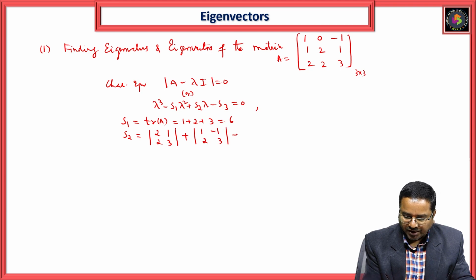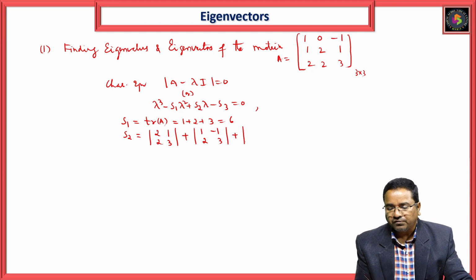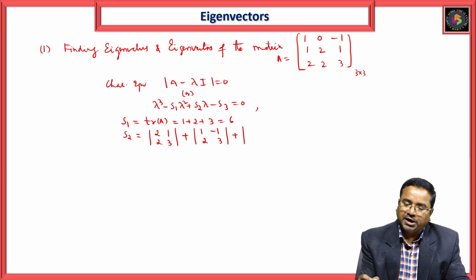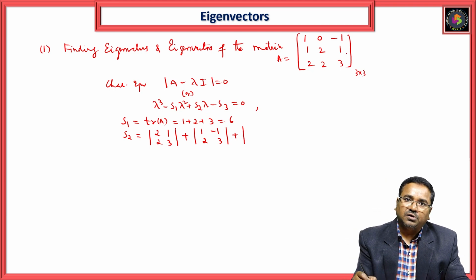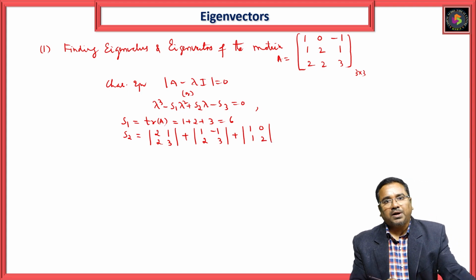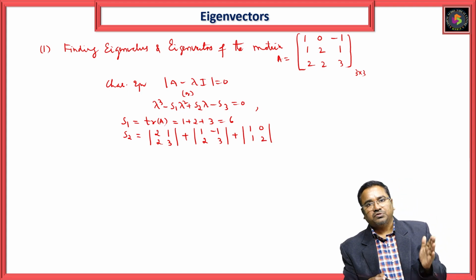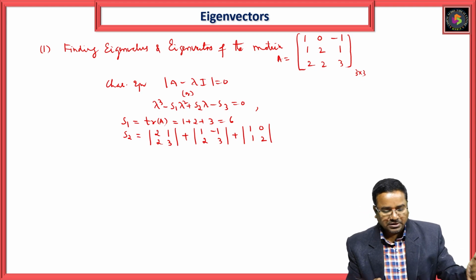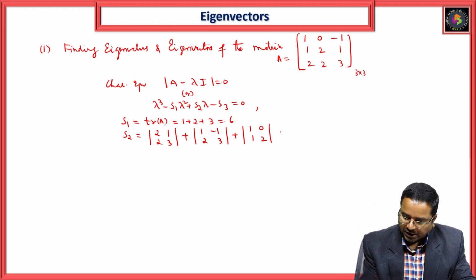Similarly, the minor of A33 by deleting the third row and third column gives 1, 0, 1, 2. We know how to obtain the determinant of a 2 by 2 matrix: if the entries are a, b, c, d, it is ad minus bc. We'll do it like this.